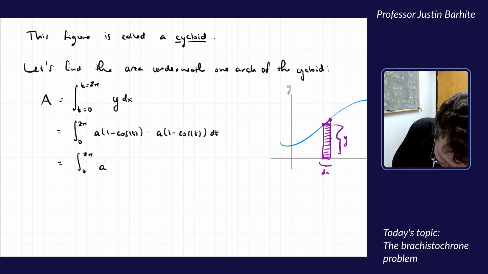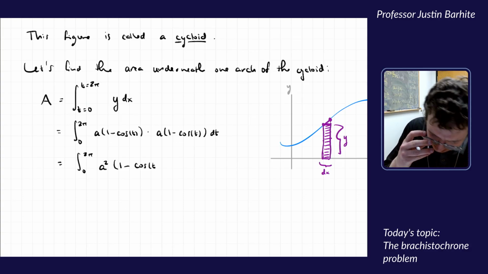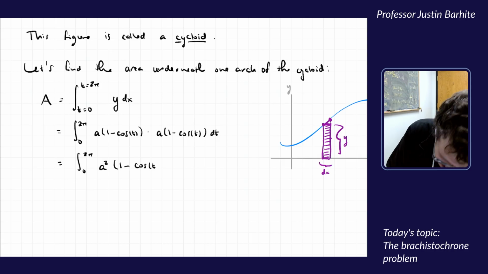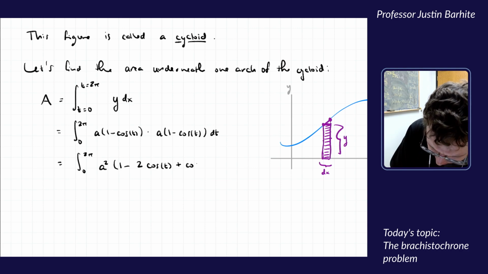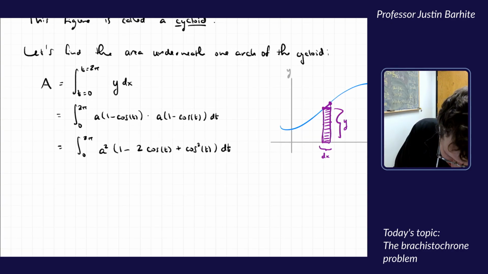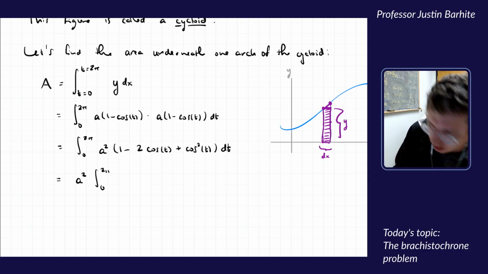I've got an a squared, and then a 1 minus cosine of t times 1 minus cosine of t. I'm going to go ahead and expand that out. That's 1 minus 2 cosine t plus cosine squared of t. I can pull the a squared outside of the integral.